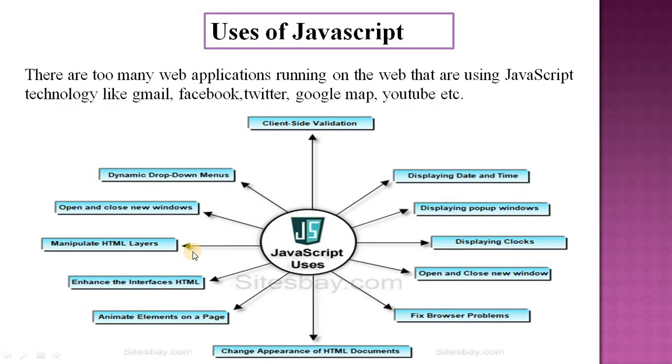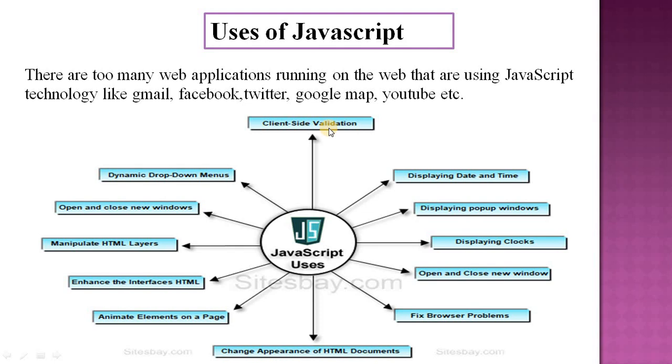Next are the uses of JavaScript. There are many web applications running on the web that use JavaScript technology, like Gmail, Facebook, Twitter, Google Map, YouTube, etc. JavaScript is used for client-side validation.